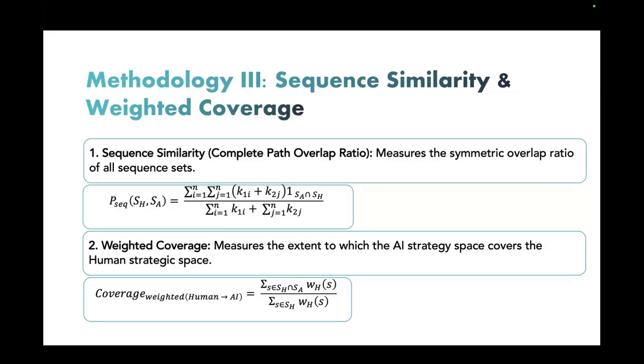Together, these two metrics allow us to fully assess the practical coverage of AI strategies from the path perspective. However, to understand the fundamental difference in strategy structure, we must move to the node-level comparison, which is the focus of the next slide.